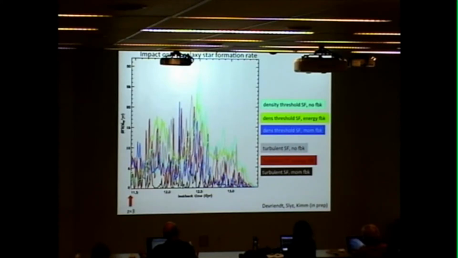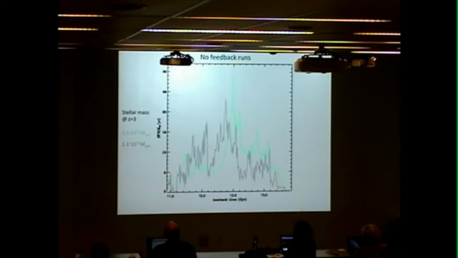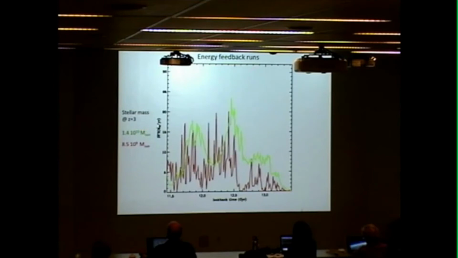Galaxy star formation rate. Well, it's a mess for all these runs, so let's take them two by two. No feedback runs: what you see is that the histories of the stellar mass at z equals 3 are comparable, about the universal baryon fraction. If you start including feedback, that's the energy feedback runs, you actually do nothing if you have a density threshold for star formation. You reduce by less than a factor of 2 the amount of stars that you form if you have turbulent star formation.